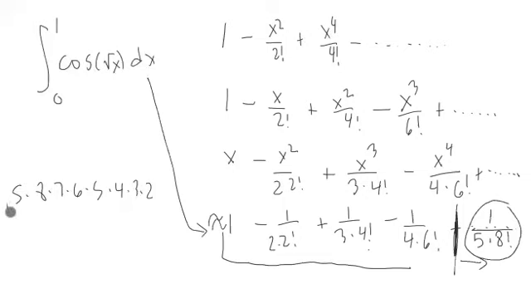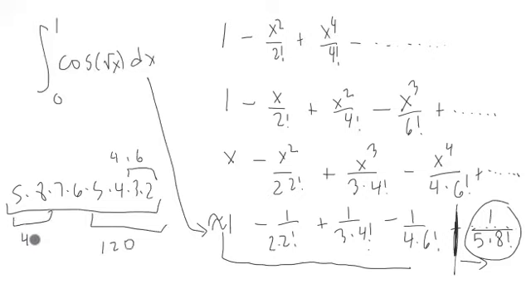If you multiply this out, it's a fairly decent size number, so we can kind of approximate it. So this is 6 and that's 4, so that's 24 times 5 is 120. So you've got 120, and then over here that's 40, and over here that's 42.